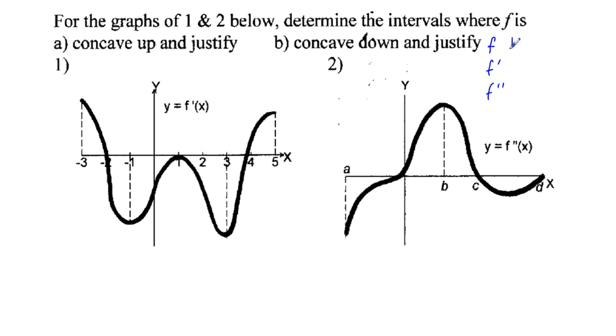Okay, again, plus minus, up arrow, down arrow, and concave up, concave down. And then below f prime, we put plus minus, and then arrow up, arrow down.